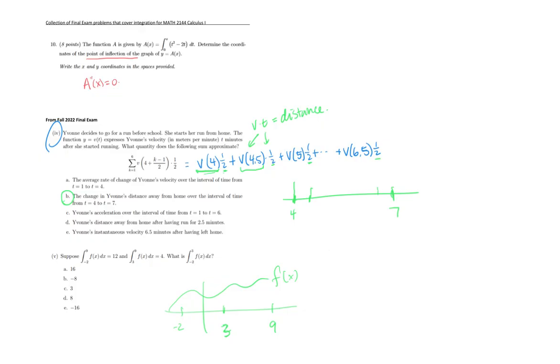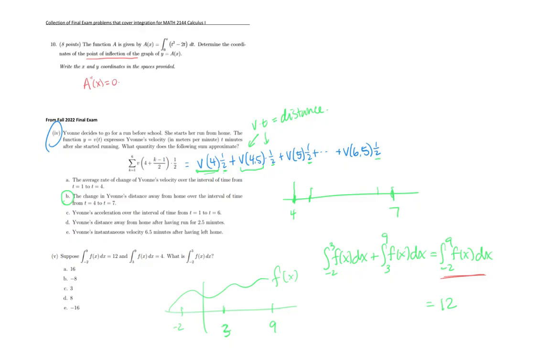So what I know is that the integral from -2 to 3 of f of x dx plus the integral from 3 to 9 of f of x dx should equal the integral from -2 to 9 of f of x dx. So what I'm given is a value for this one, so I know that one is equal to 12.